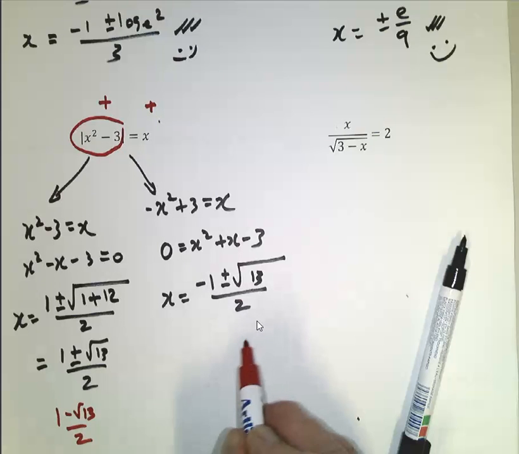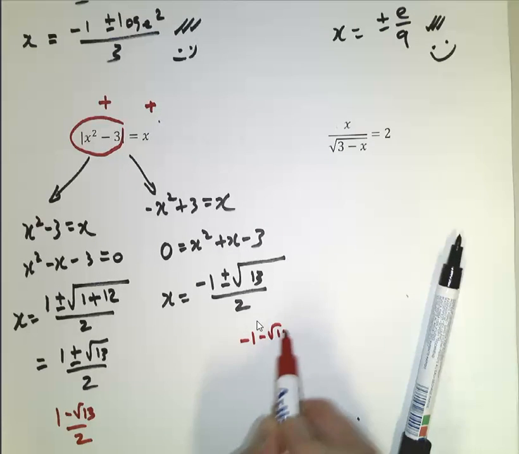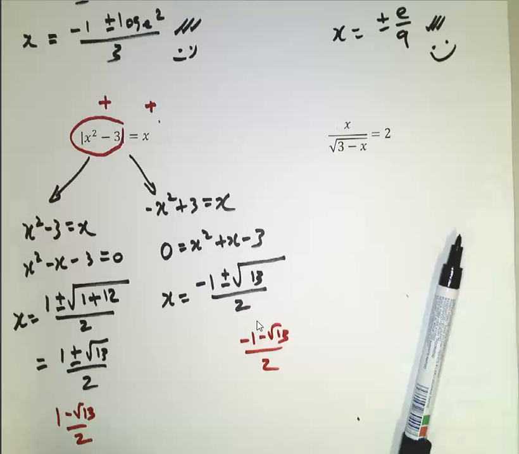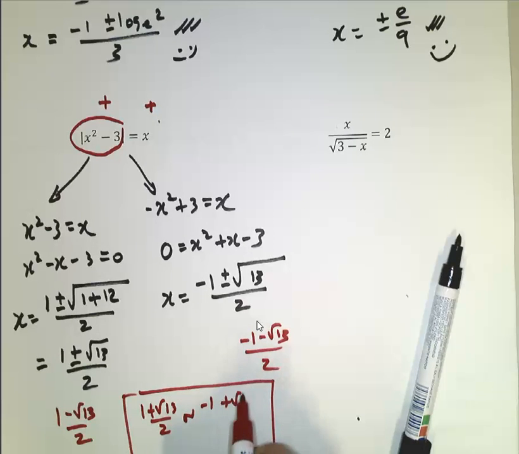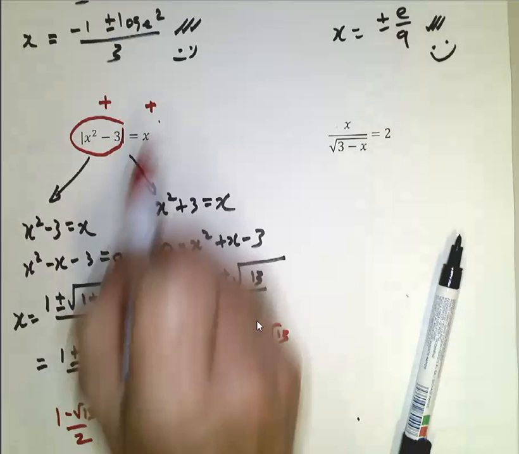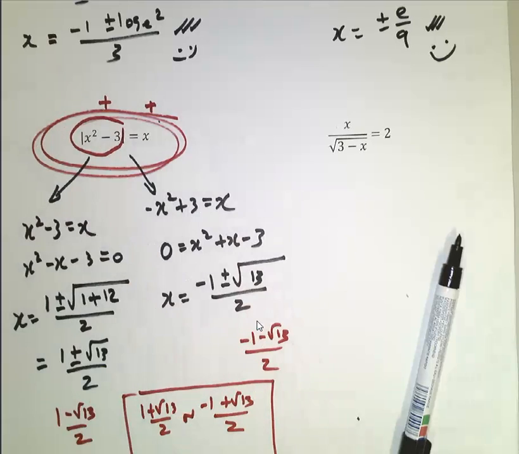And I can't accept the answer negative 1 minus root 13 on 2 because it's negative. So my solution for x in this case is 1 plus root 13 on 2, or minus 1 plus root 13 on 2, because in this particular case I couldn't accept negative values for x.